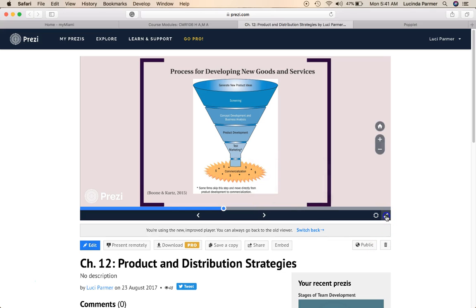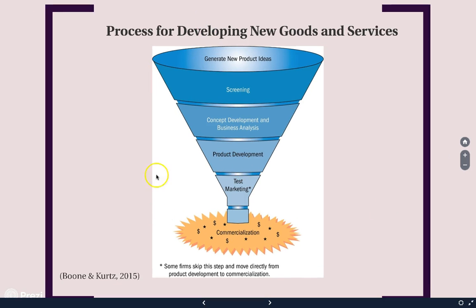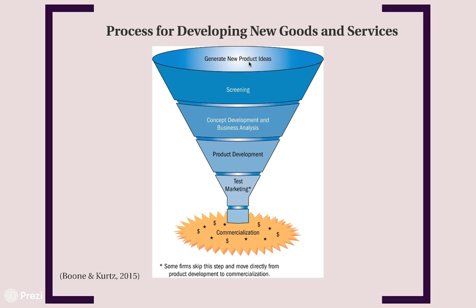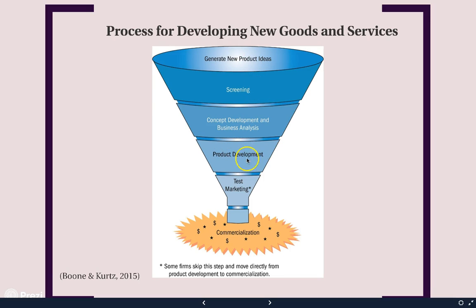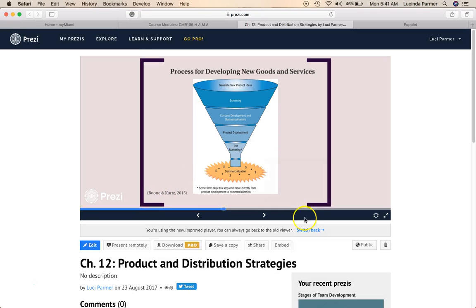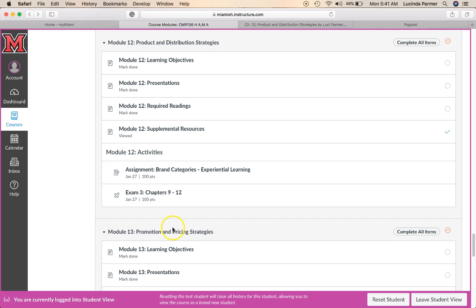This will show you how new goods and services are developed. Of course you want to generate a product idea or a proof of concept. We do product development, test marketing, and then we commercialize it.